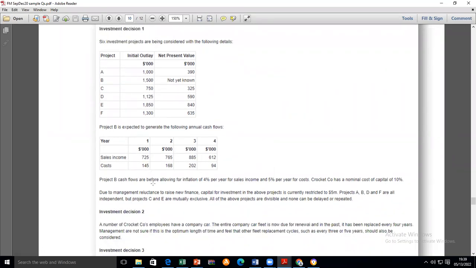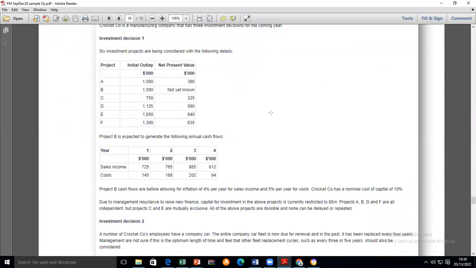Project B cash flows are before allowing for inflation of 4% per year for sales income and 5% for cost. C has a nominal cost of 10%. Due to management reluctance to raise new finance, capital for investment in the above projects is currently restricted to 5 million. Projects A, B, D, and F are all independent, but projects C and E are mutually exclusive. All of the above projects are divisible and none can be delayed or repeated.